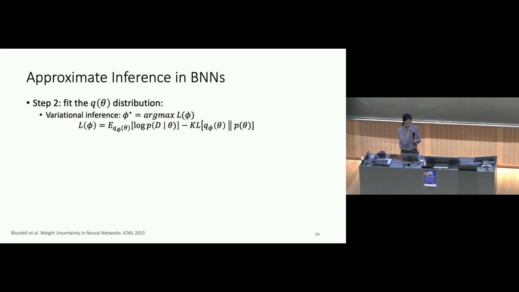So we've done the parameterization of the Q distribution, and the next step is to fit the Q distribution. In variational inference, we want to maximize the variational bound, and this phi here collects all the means and the variance parameters for your Q distribution. So we are going to maximize this.